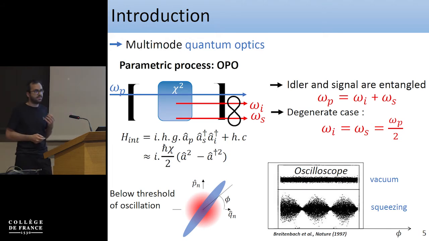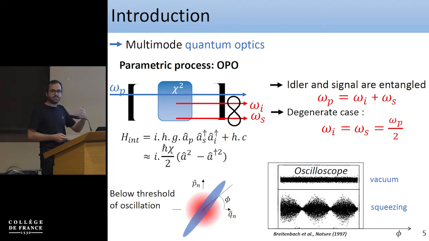So it means that if I plug my homodyne detection into an oscilloscope, this is what I will observe on the screen. The first screen is the vacuum state case, so I do not pump my cavity. What I observe is just noise, the shot noise.